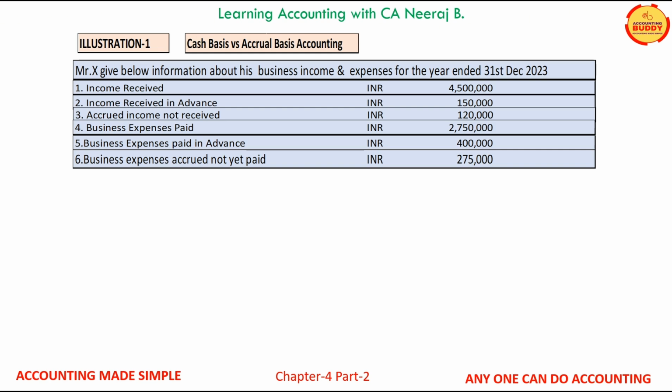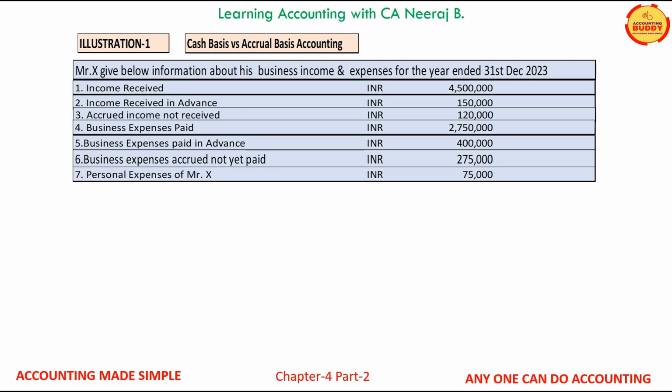It means business expenses of 275,000 are related to the financial year 2023 but are still not paid till the end of the accounting period. An amount of 75,000 is paid for Mr. X's personal expenses.